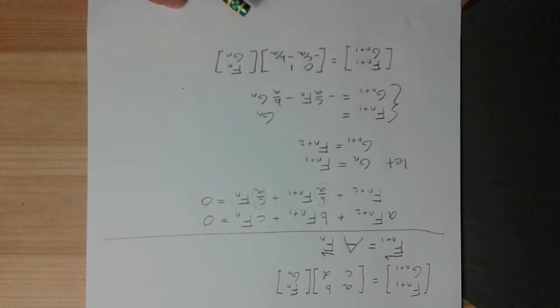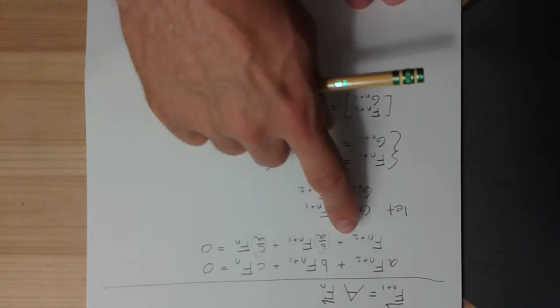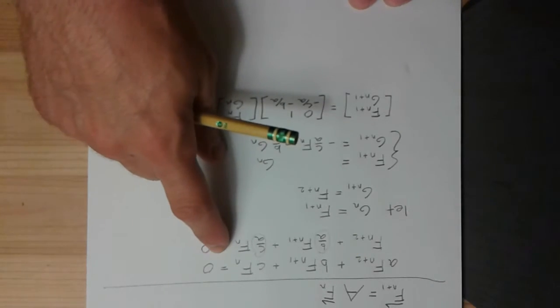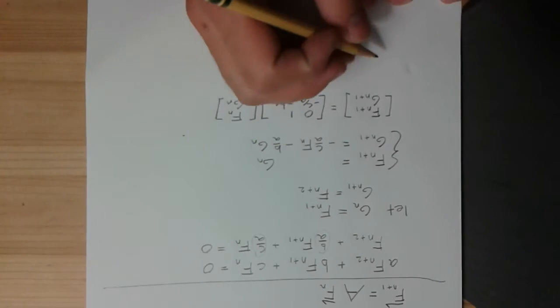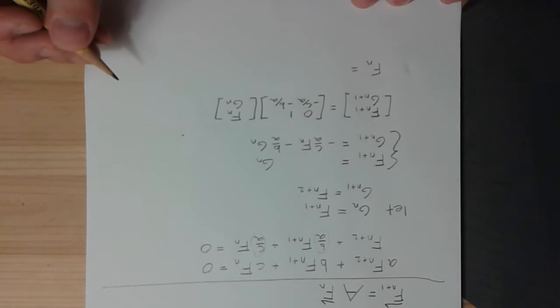And so the interesting thing here is we actually know how to solve this one, since it comes from this original definition here. We know what f of n is. Let's assume that there are no repeated roots in this case.